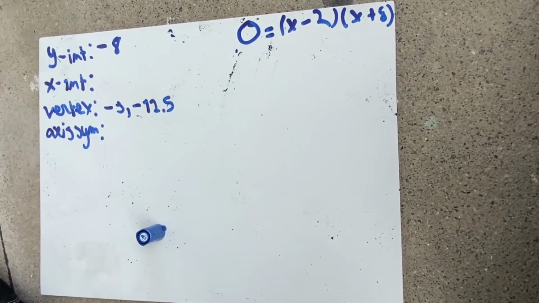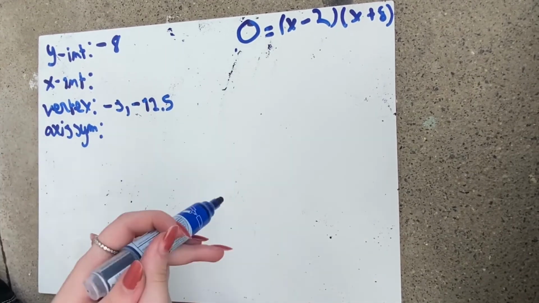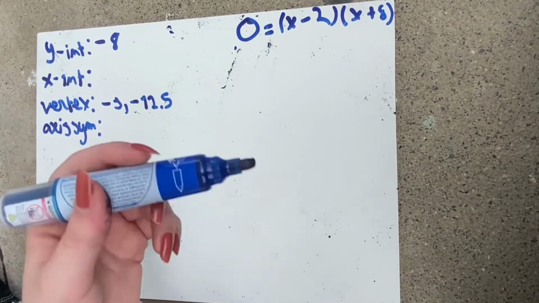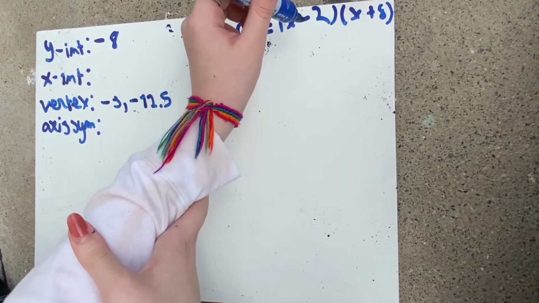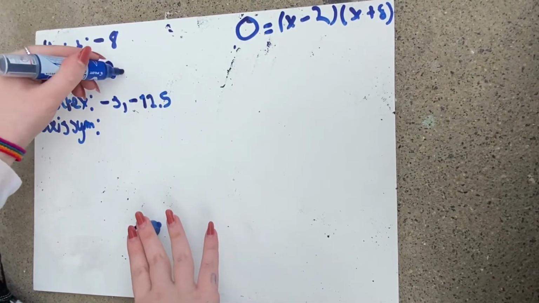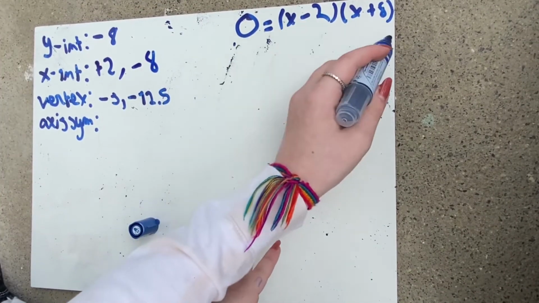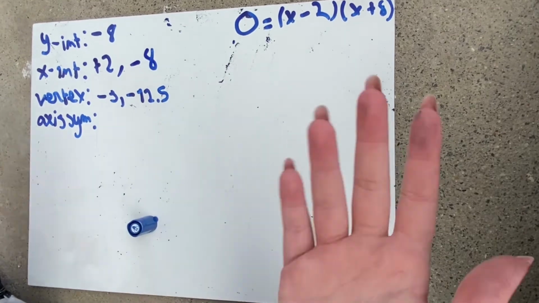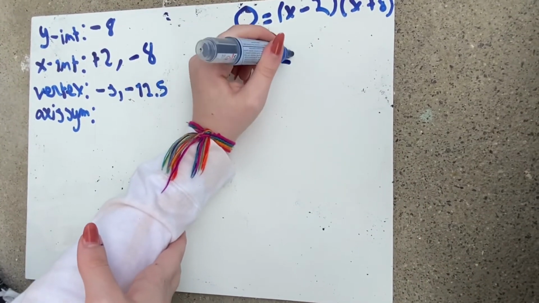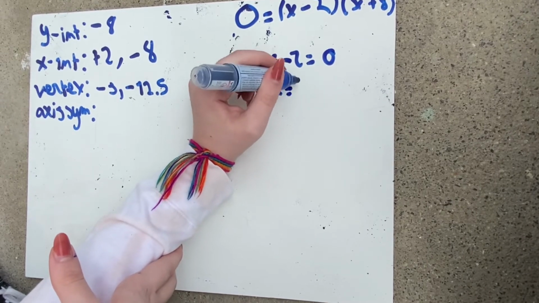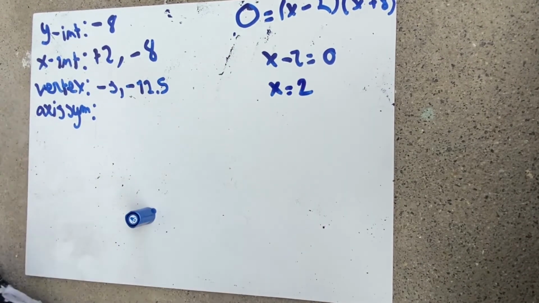If you had it in standard form, you'd have to solve with the quadratic, but since it's already been simplified for you, you can just say that x equals positive 2 and negative 8, because these results are the opposite of them. You would have x minus 2 equals 0, then x plus 2, so it would equal positive 2. Right.